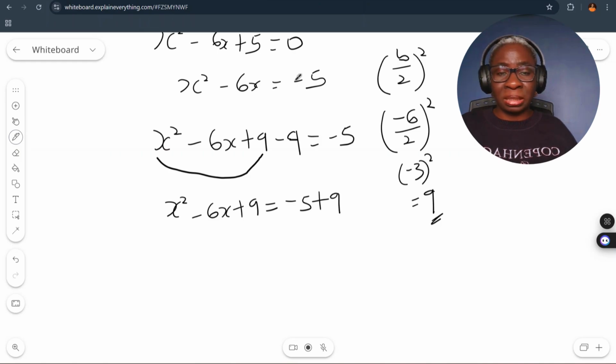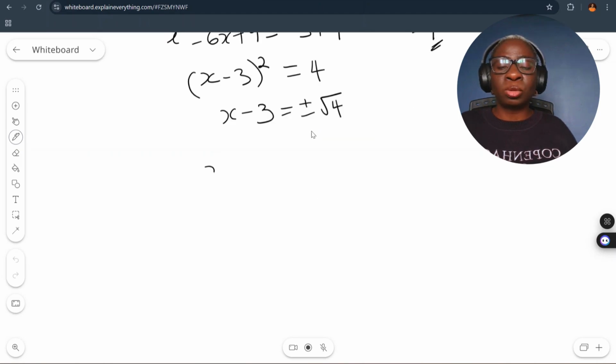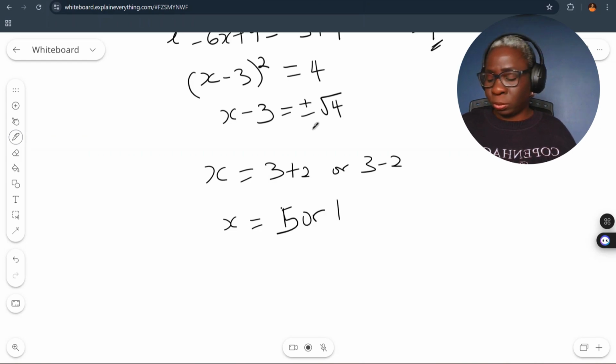When you factorize this, you get (x minus 3) squared, and this is equal to 4. So x minus 3 is equal to plus or minus the square root of 4. Then when 3 goes to the other side, x is equal to 3 plus 2 or 3 minus 2. So x will be equal to 5 or 1.